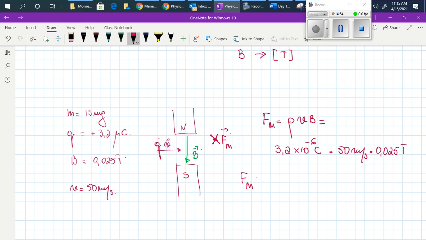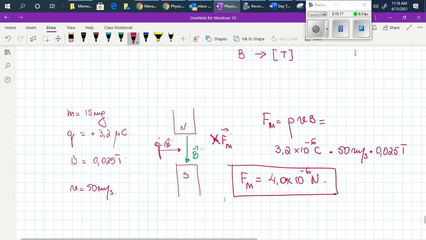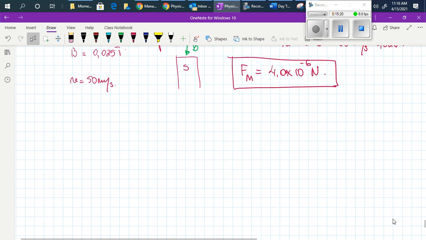So the magnitude of the magnetic force, using your calculator, will be 4.0 times 10 to the power of negative 6 newtons. And this is into the page. If we are looking to define the magnetic force as a vector, then we will say the magnetic force is 4.0 times 10 to the power of negative 6 newtons into the page.